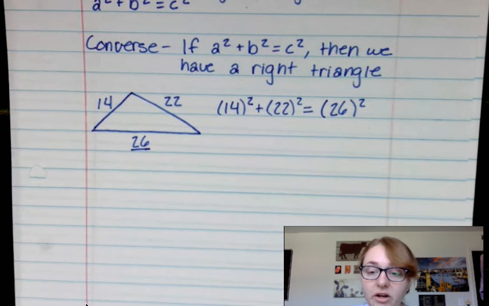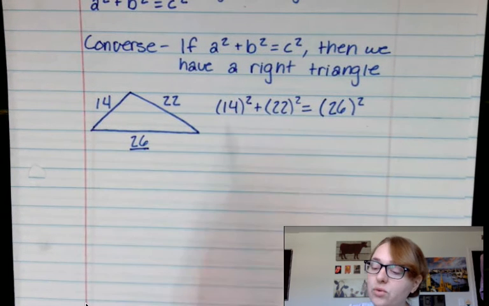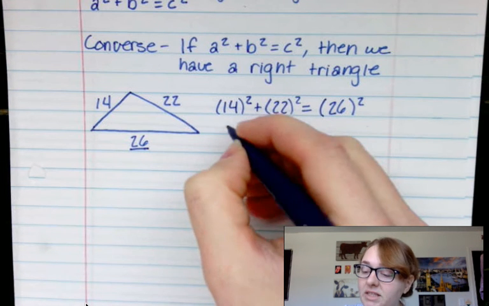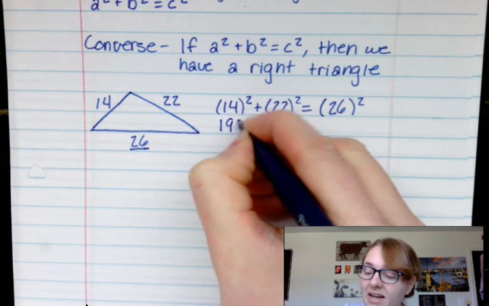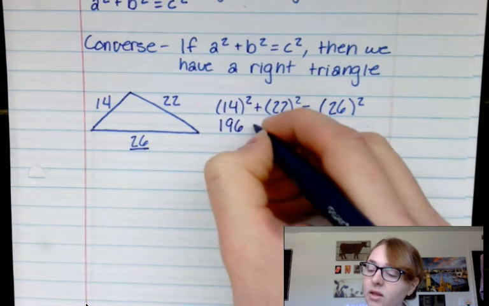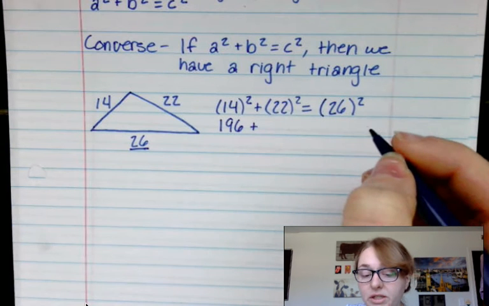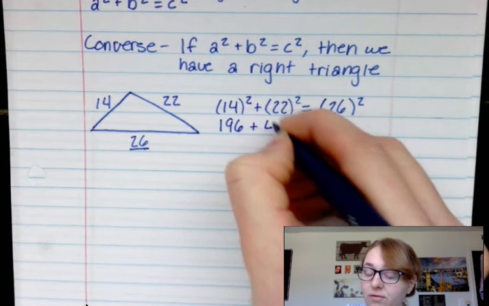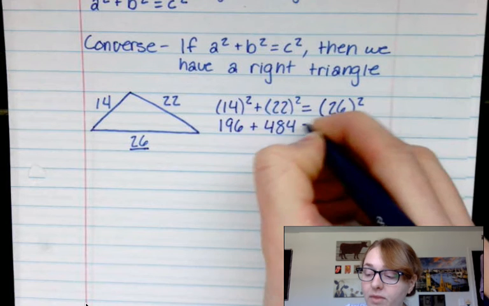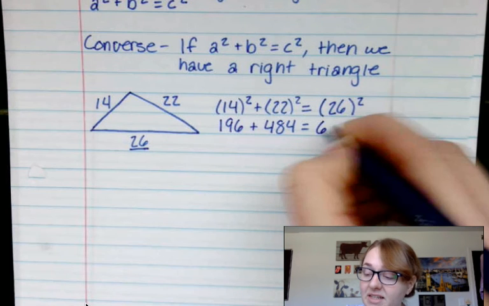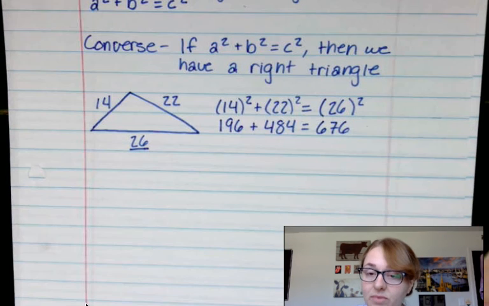Using our calculators or our big brains, 14 squared, or 14 times 14, gives us 196, and 22 squared gives us 484. And is that equal to that hypotenuse of 26 squared, or 26 times 26, of 676?